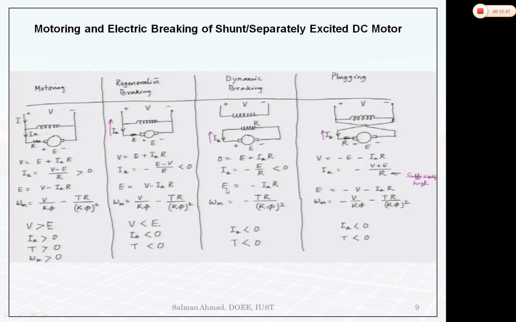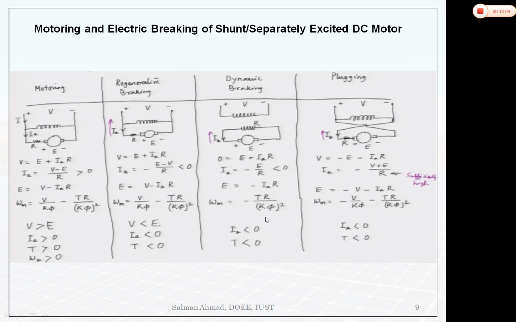E we again substitute as K phi omega M. So omega M we are getting as minus T into R upon K phi square. So this is of the form Y is equal to minus MX, a straight line. So the dynamic braking speed-torque characteristic will pass through the origin, that we will see later.